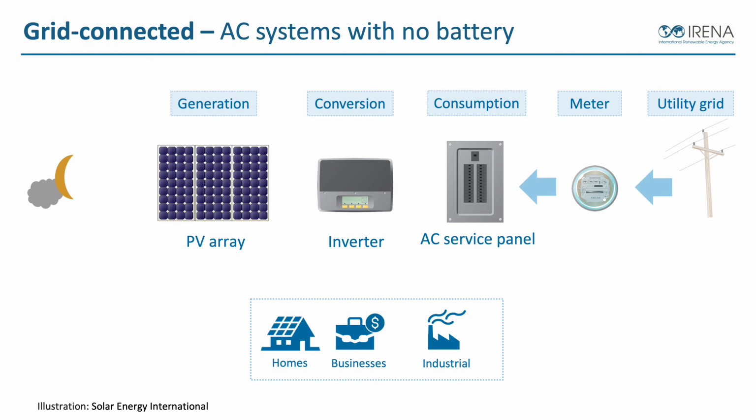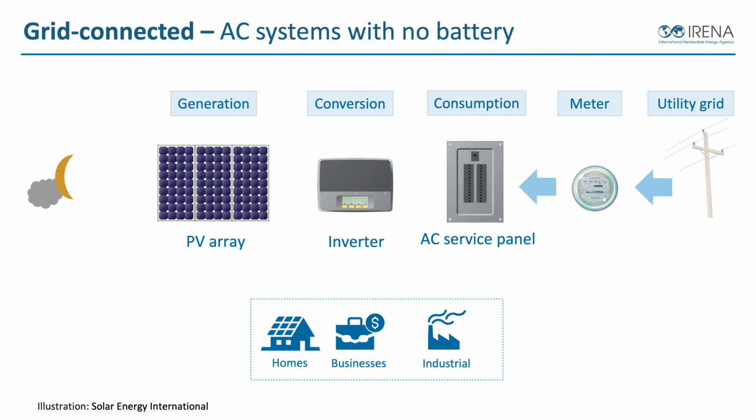Now at night, with a system like this, when the sun sets, the PV array stops producing electricity. This inverter shuts off because it doesn't have anything it needs to do, because the solar is off as well. And we provide all of our AC electrical service from the utility grid, just like we did previously. Now, as I've mentioned before, a system like this needs to have a stable electrical grid in order to stay interconnected.